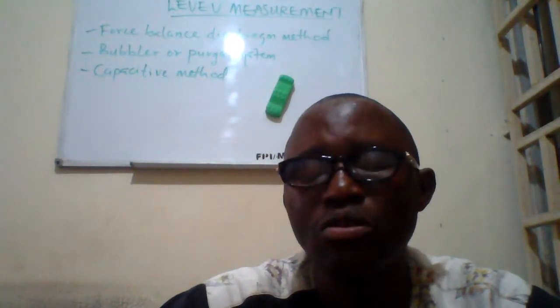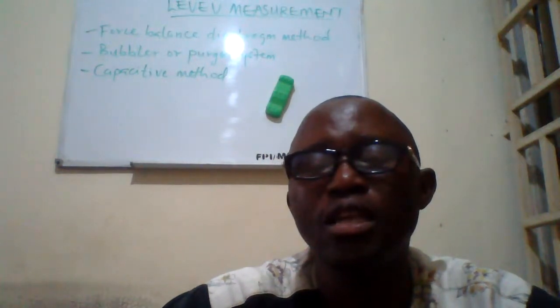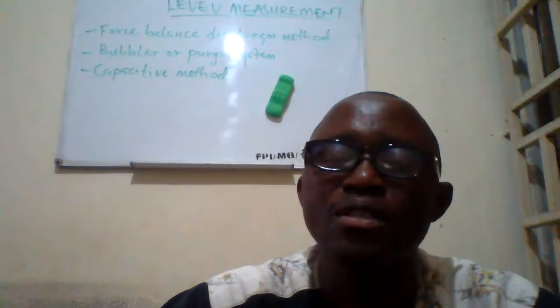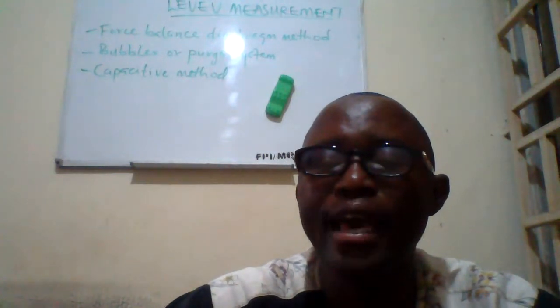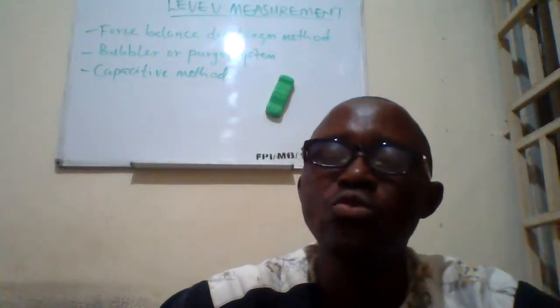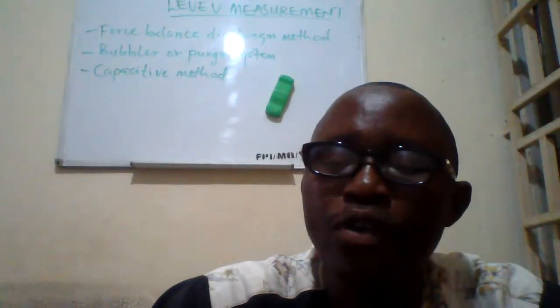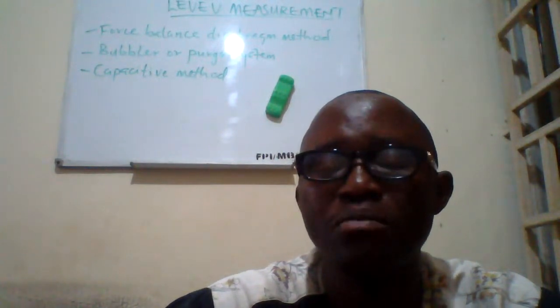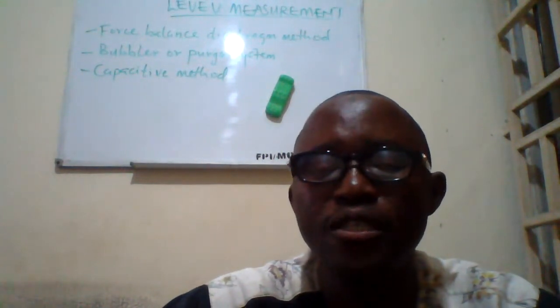That is a very ingenious system to measure the height of the liquid in the tank by using the differential pressure between the level of the liquid and the space, the air on top of the liquid in the tank. So when the liquid fills up the tank, there is going to be less pressure difference. So we're going to have a high pressure reading, which is based on the liquid.